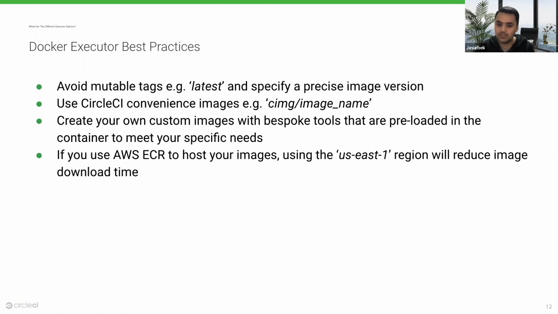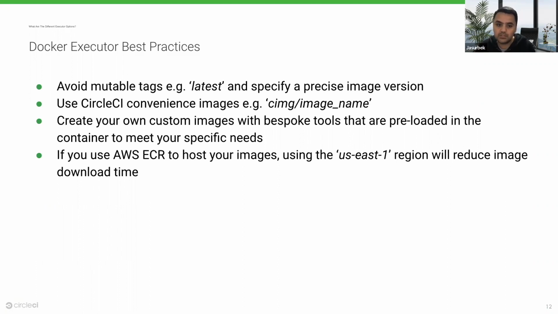In that case, it's better to create a custom image with the tools already pre-installed and preloaded in that container. Whenever you start the container, you get your custom image and just start your build. So if you have too many additional tools installed, we would recommend creating your own custom image.